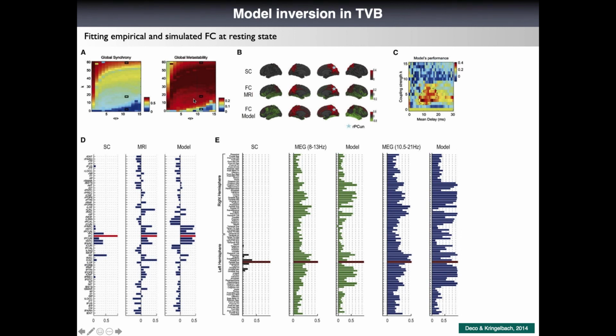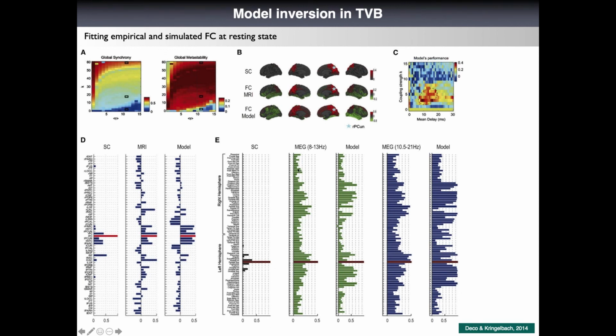Remember, metastability is the easiness with which the brain switches from one state to another. And they showed that for a specific region of those parameters, they could approximate the functional connectivity of fMRI to a very large degree, as well as MEG connectivity at different bands.